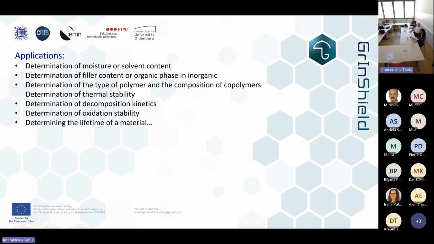Determination of moisture or solvent content, and moisture is quite often a problem as well. Determination of filler content or organic phase in inorganic, determination of type of polymer and the composition of polymers, thermal stability, decomposition kinetics also, and therefore we can determine the lifetime of material and of course also oxidation stability.